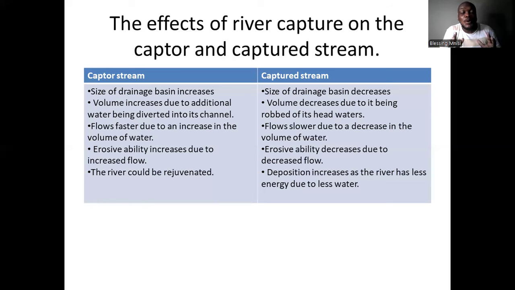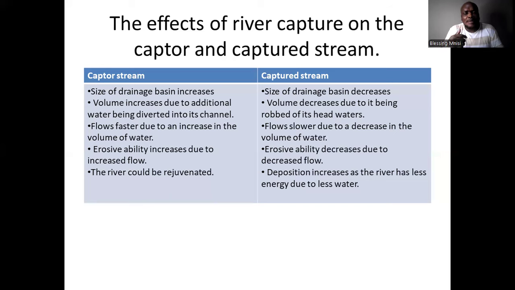And then when it comes to the captured stream, remember this one, the size of the drainage basin decreases. Why does the size of the drainage basin decrease? Because the volume decreases due to it being robbed of its headwaters.